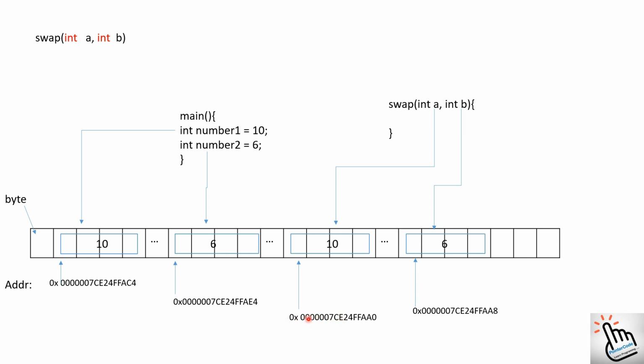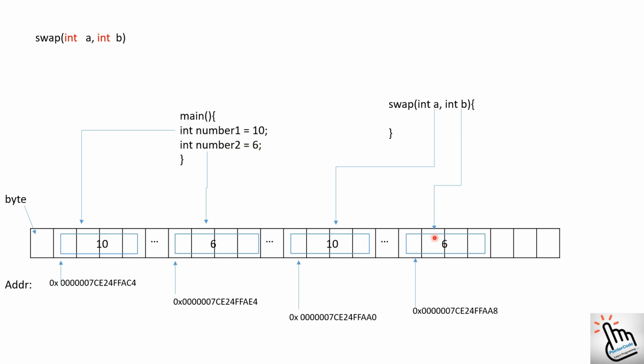When the main calls the swap function, the compiler will allocate two variables in memory at new addresses, and copy the value from number 1 to the new variable, and the same for number 2.